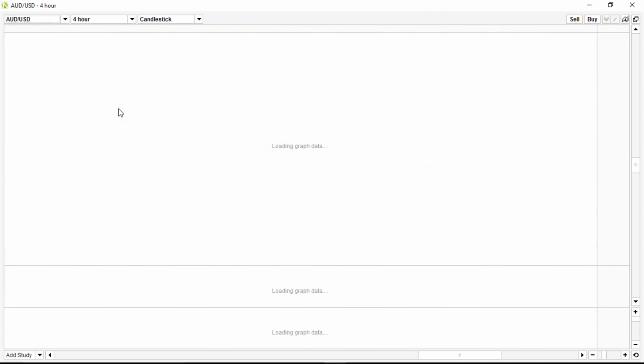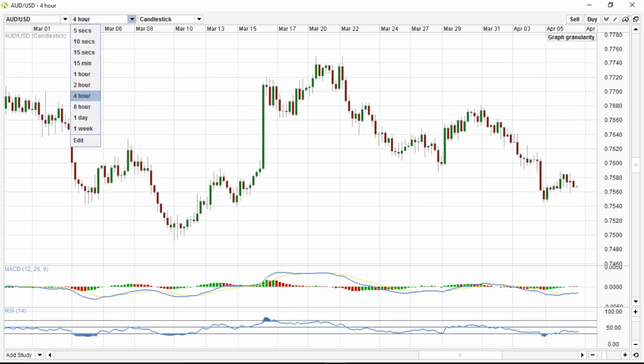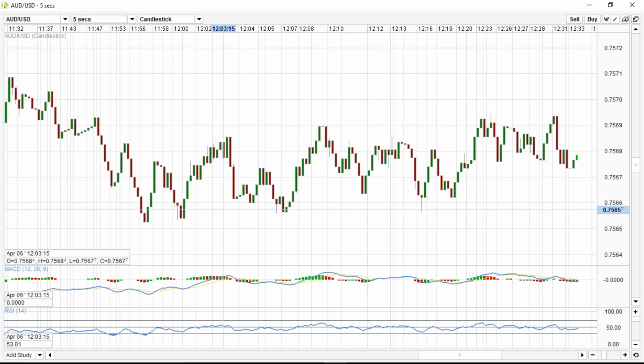Going through the next chart, we're just going to start scanning from the very low time frames. See what I mean? With the 5-second tick chart, it's closely bounded and it's just sort of all over the place. I don't know about you, but I can't see any clear pattern of higher highs and higher lows, or a clear pattern of lower highs and lower lows. This just looks like a ranging market to me.